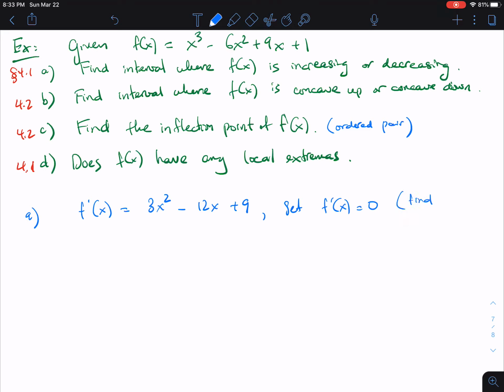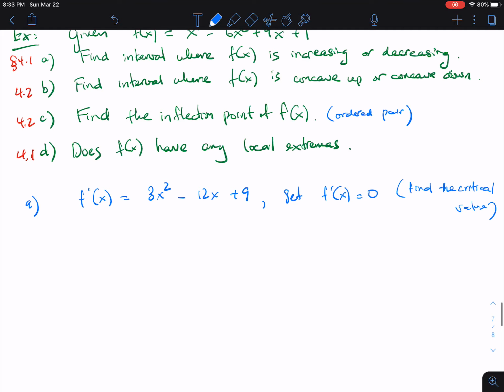Solving this equation is like finding the critical value. That's what we're trying to find, the critical value or values. So that means 3x squared minus 12x plus 9 equals 0.